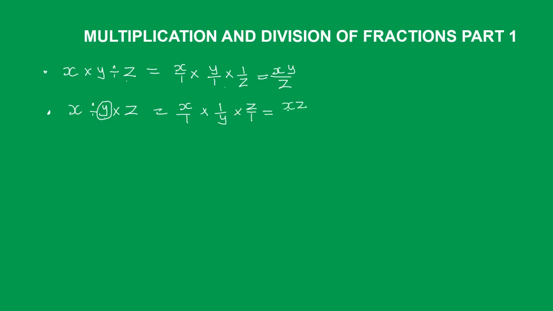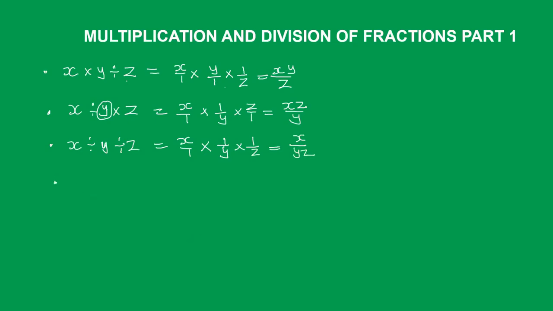and then you get your xz over y. And if you have something like x divided by y divided by z, this is like x over 1 times 1 over y, then times 1 over z, which is equal to x over yz.